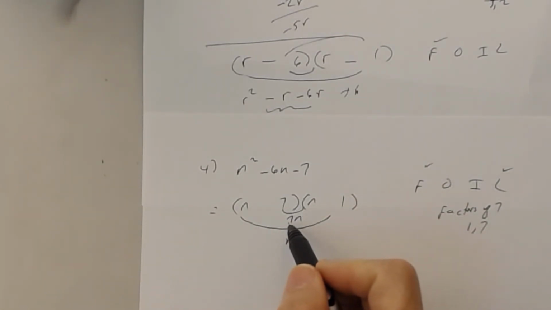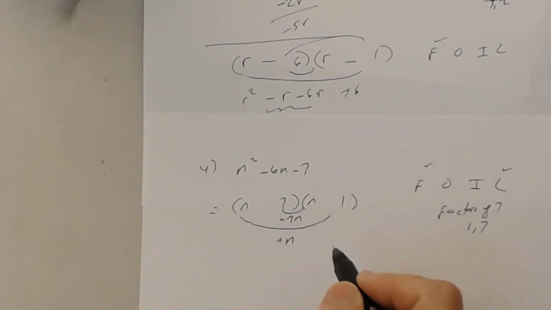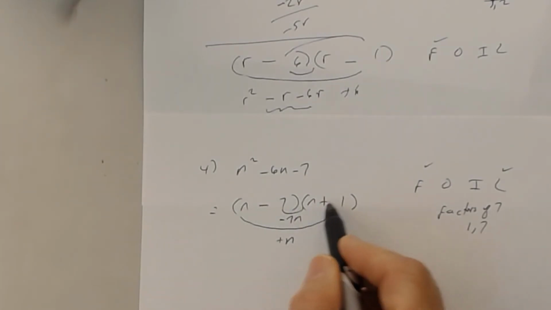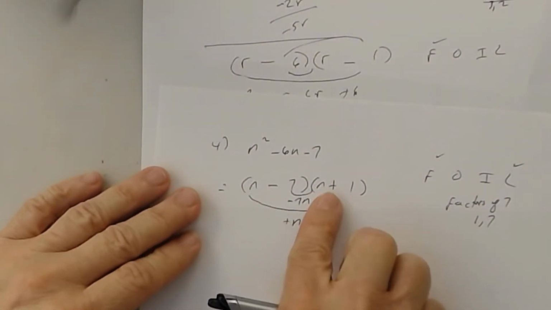But I need 6n to be what kind of number? Negative. So look at this. Is it the 7 or the 1 that needs to be negative? The 7. And this has to be what? Positive, which means that this has to be negative, this has to be positive. And so you FOIL it out. And if you make the mistake, if you put this as positive, this is negative, and you FOIL it, you'll see your mistake.